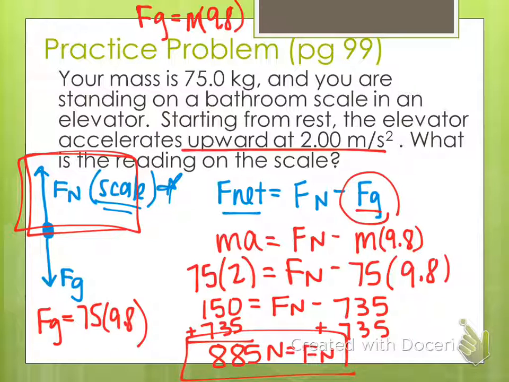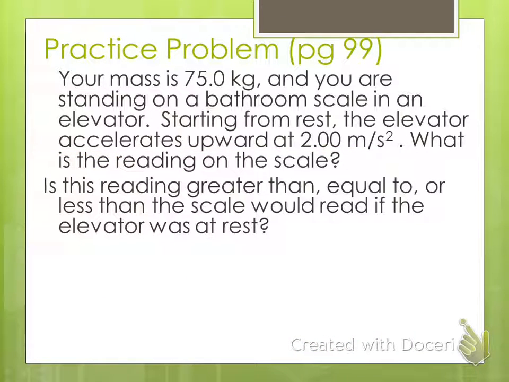But since it's accelerating upward, we're adding that extra mass times acceleration to give us our actual normal force or our scale reading. Okay, does that part make sense? Are we getting there? Okay, it's all right. We will.